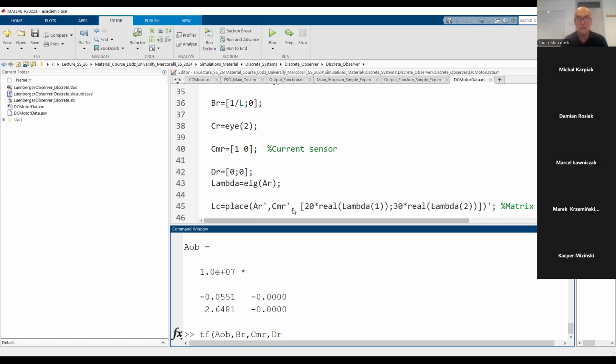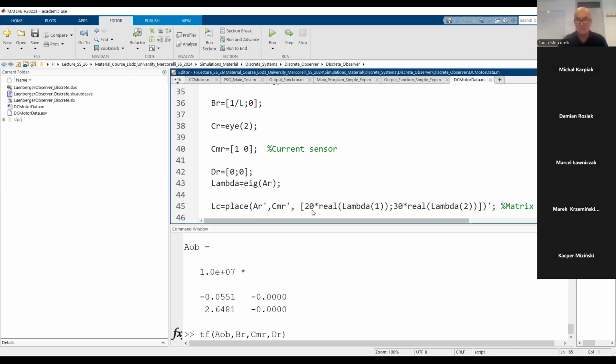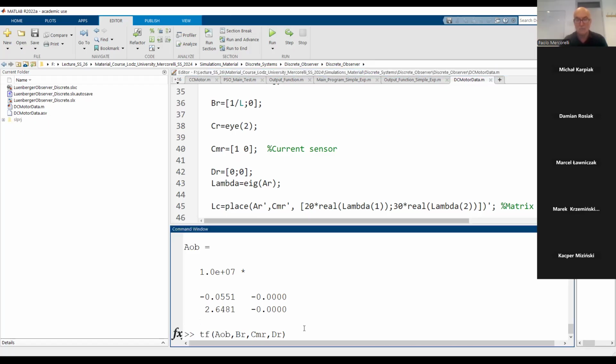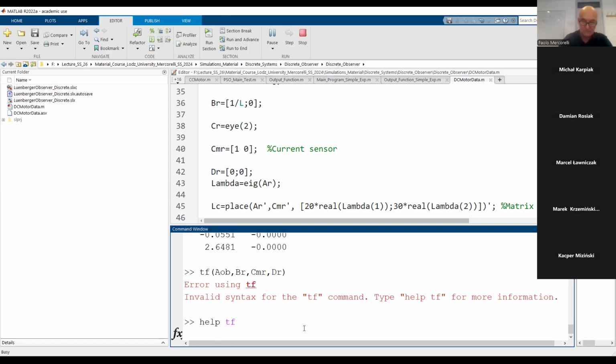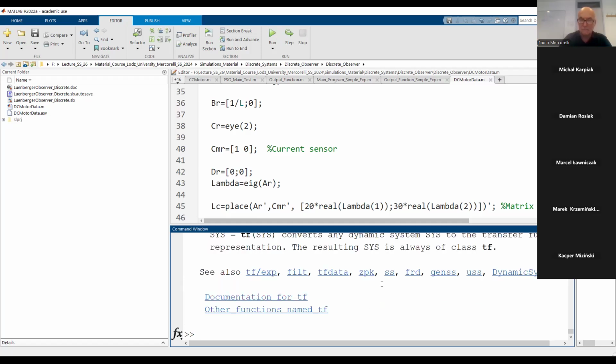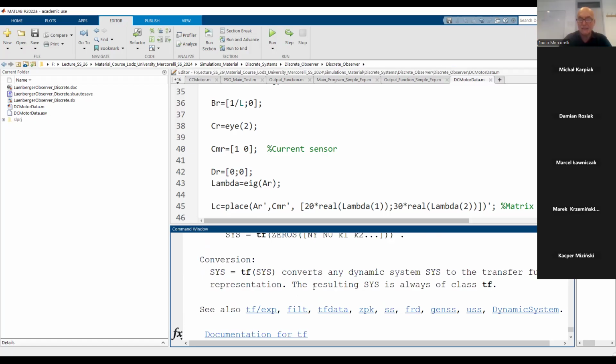So now, excuse me. Let me see if I understand what I intend. I need, let me see, help transfer function. Okay, I have to define sys.